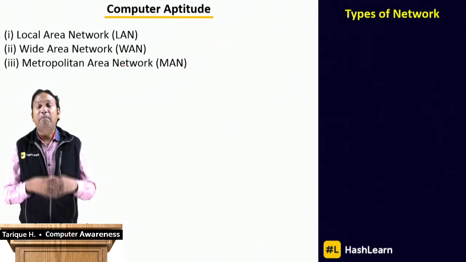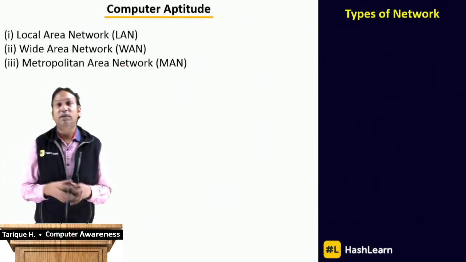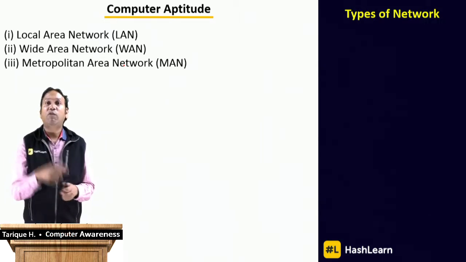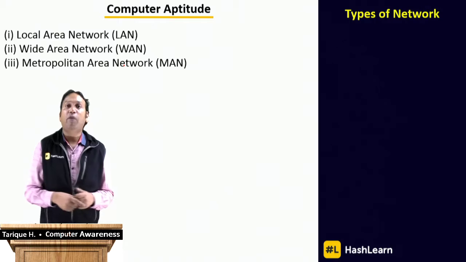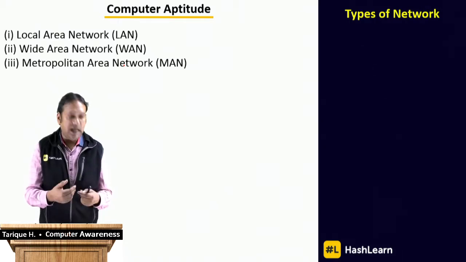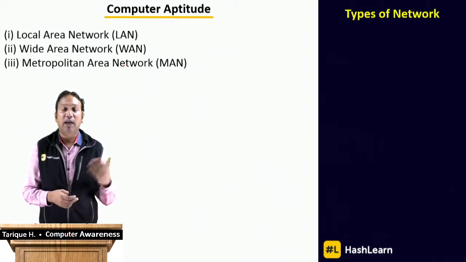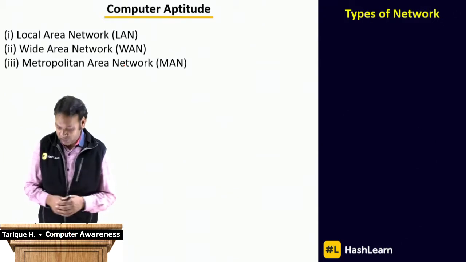They could create a metropolitan area network out of these computers, and that would be an example of what is a MAN, metropolitan area network. So that's briefly understanding what a LAN, WAN and MAN stand for.